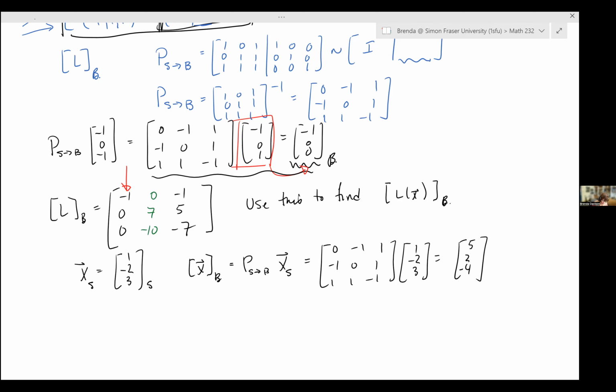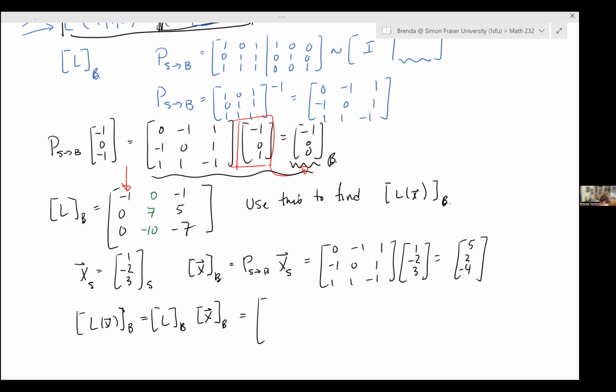Okay, that now allows me to calculate L of X relative to B, being L of B multiplied by X of B. So now I can take that product.